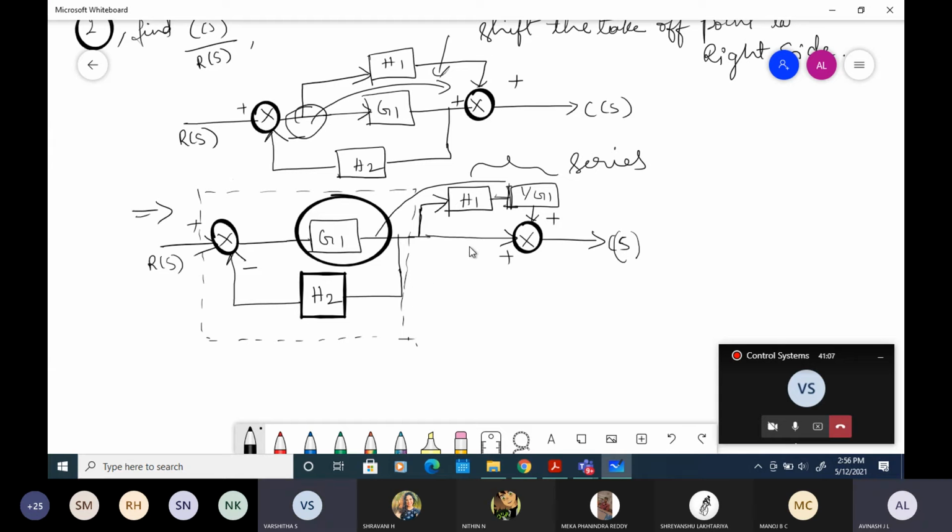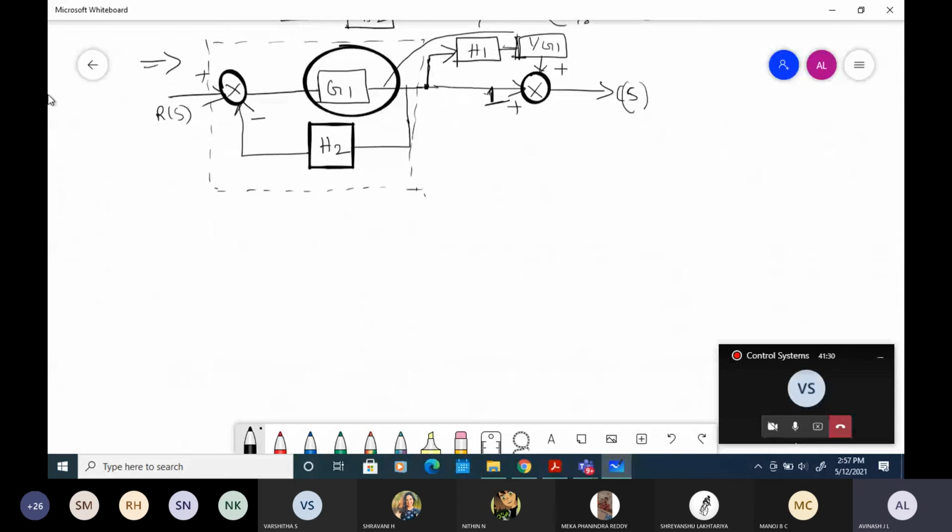So now, when you talk about these particular blocks, we will put an end here. This line value will be considered as 1, because this whole thing I'm considering as a feedback element. So I just write it from the beginning. R of S will be the input. What is the value you will get directly?